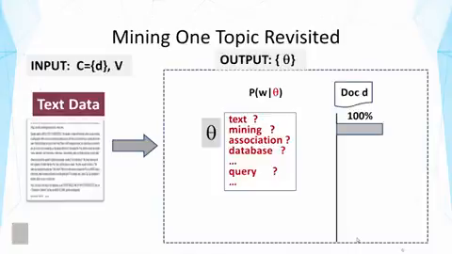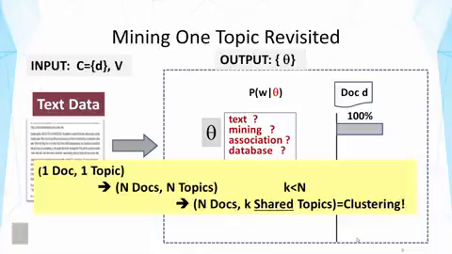There is also a connection with the problem of mining one topic that we discussed earlier. And so here, again, it's a slide that you have seen before. And here we hope to estimate a topic model word distribution based on precisely one document. And that's when we assume that this document covers precisely one topic. But we can also consider some variations of the problem. For example, we can consider there are n documents, each covers a different topic. So that's n documents, n topics.